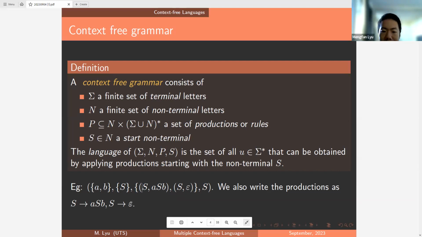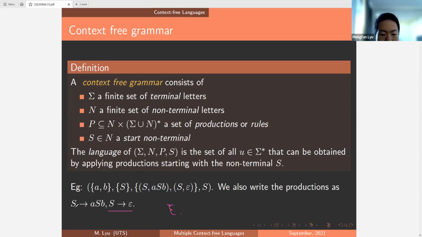So let's talk about what the language should be. We start from S, and the next step is we can generate an empty word.